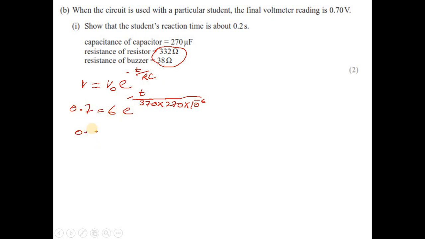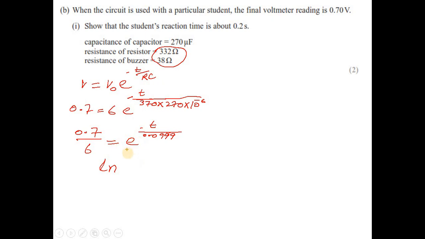So 0.7 divided by 6 is equal to e to the power minus T divided by, if you multiply these two numbers, it will give you 0.0999. Then you can use your calculator with ln to remove this e.